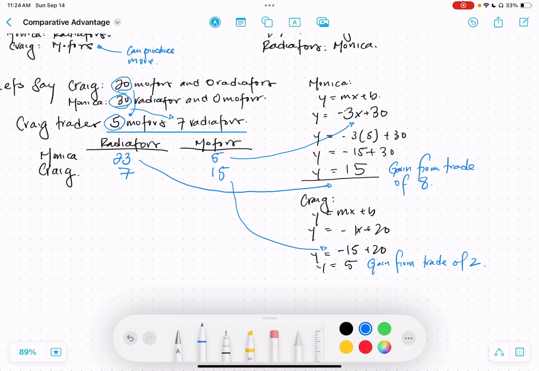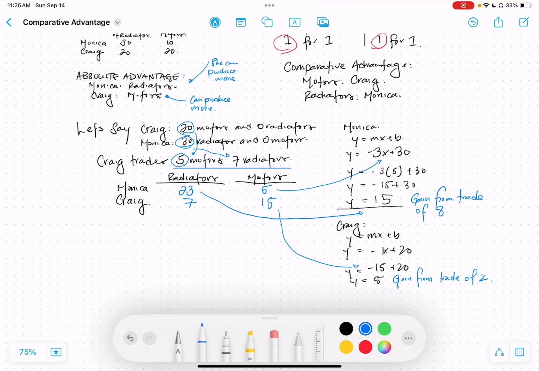Now, the interesting thing is that we would still say that is a positive outcome because in total, in the economy, somebody has made out better. There's still been an advantage to trade in this circumstance. It's just Monica has made out a little bit better than Craig, but he still is sort of meeting what would be his production possibility in the event of producing motors.